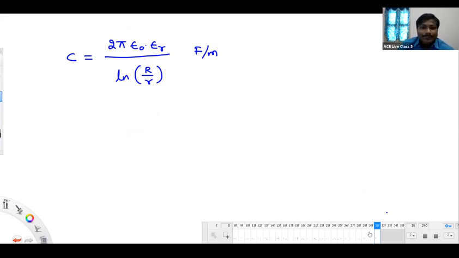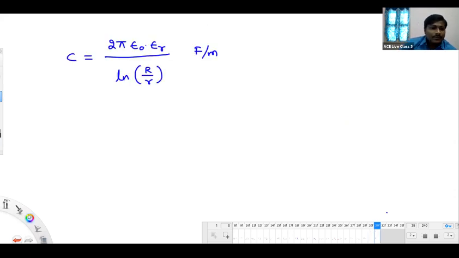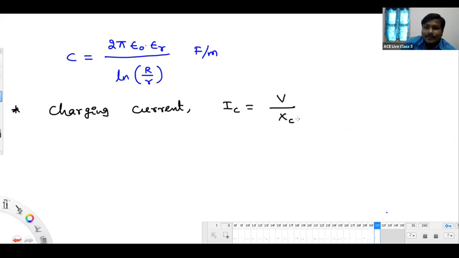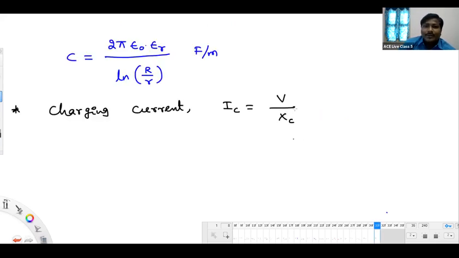Next term: charging current IC. Charging current carried by the cable is V by XC, where voltage V is applied and XC is the reactance of the capacitance.